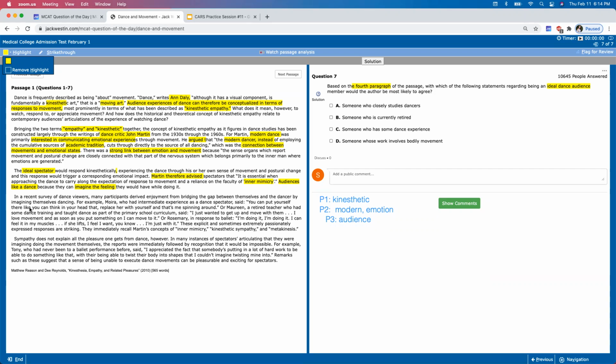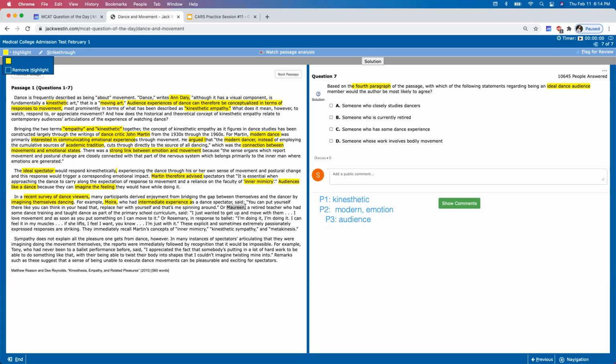So in a recent survey of dance viewers, they imagined themselves dancing. And then we have an example of someone, Moira. She had experience as a dancer. And it's a quote by her that you can put yourself there, you can think in your head.